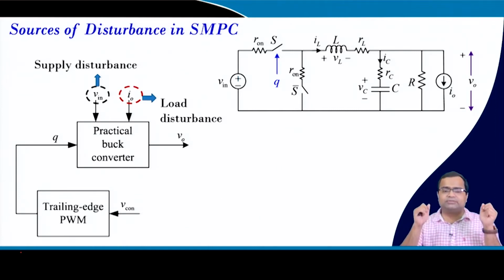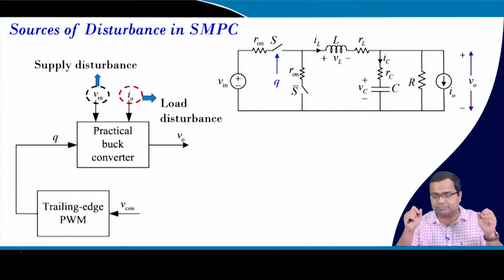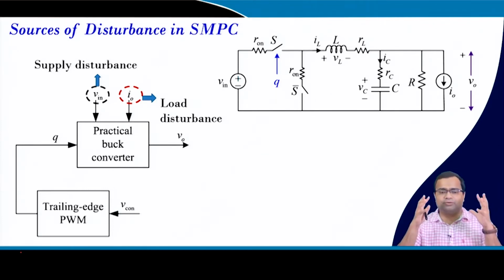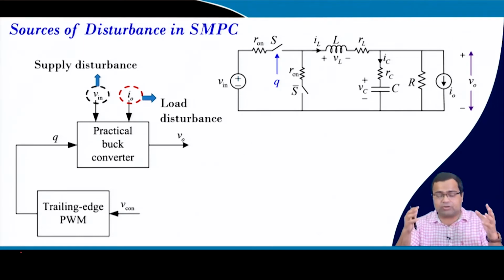The other disturbance which can occur is the load disturbance, because this power converter will be designed to drive certain applications. For example, LED driving, battery charging, or processor power supply.